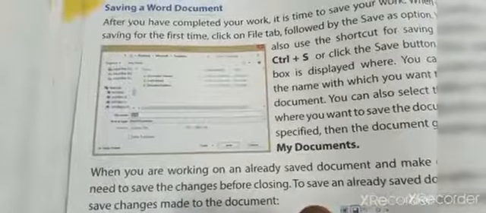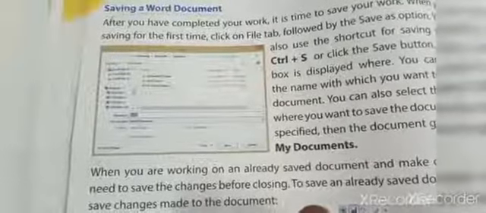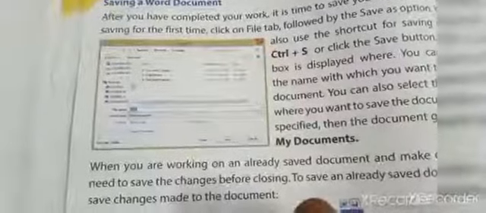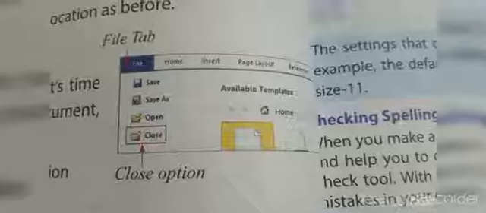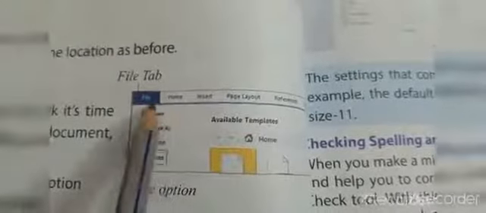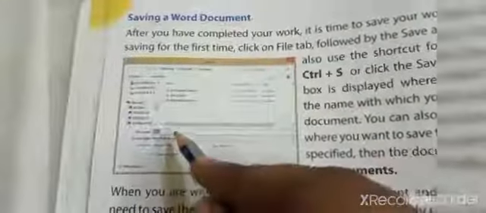Children, after completing your work in the Word document, you have to save the document, right? So for that, click the File tab and select the Save As option. After selecting the Save As option, the dialog box will appear like this.